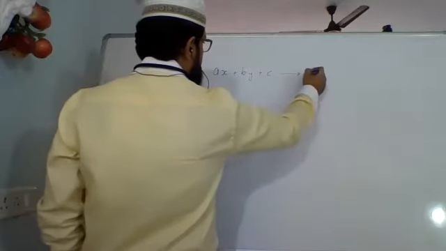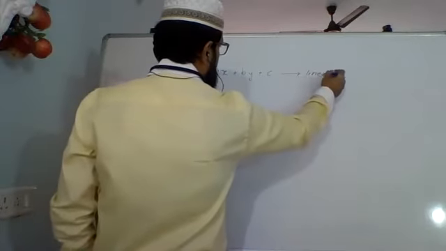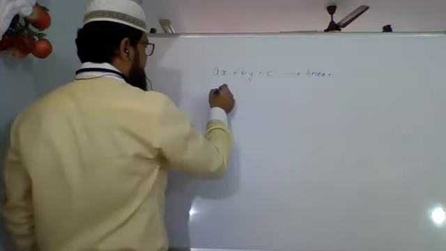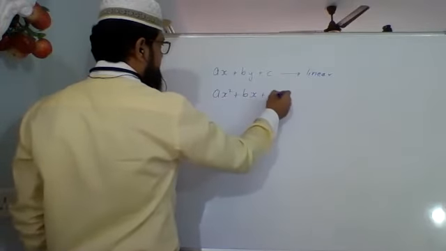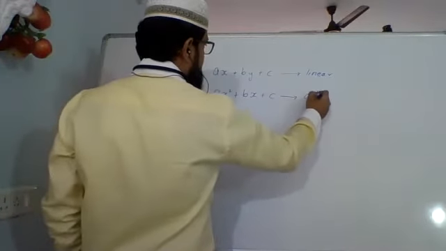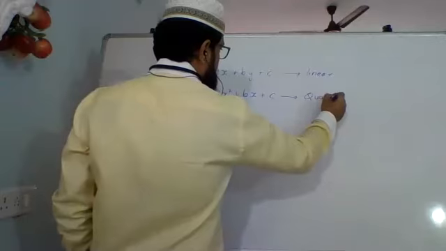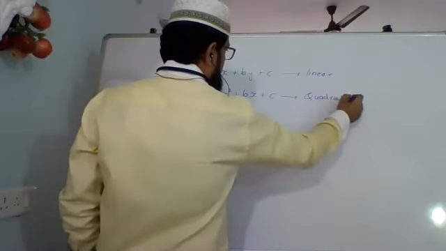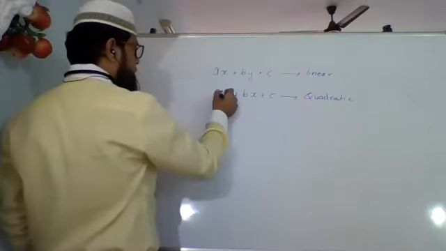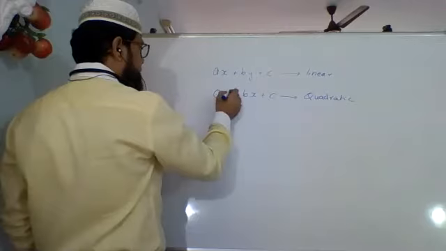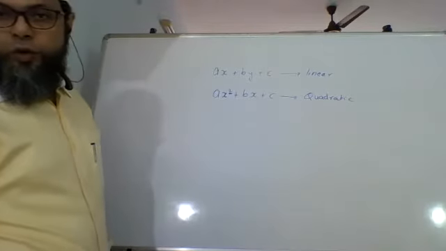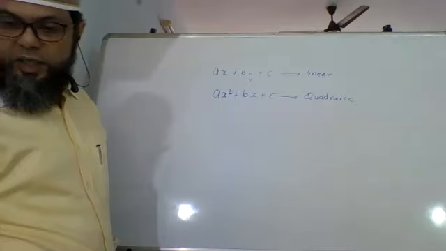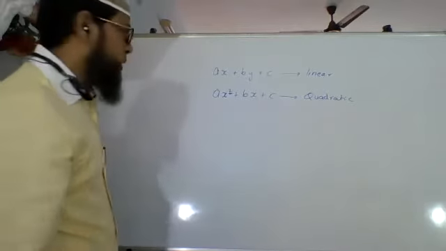So this is called linear. Then ax square plus bx plus c. This will be called quadratic, because here the power of the variable is 2. Therefore, it will be called a quadratic polynomial.